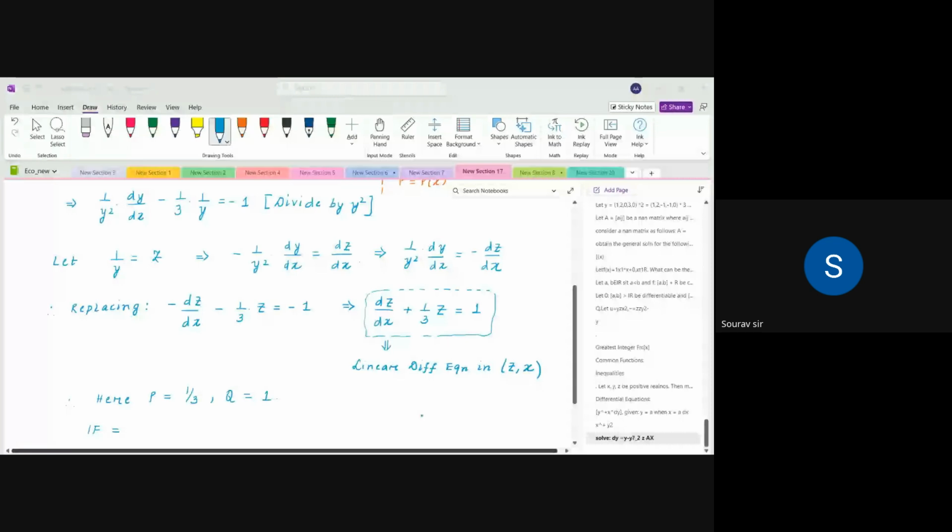Anyone? It will be e raised to the power integration p dx, right? So that is e raised to the power integration 1 by 3 dx, that is e raised to the power x by 3.